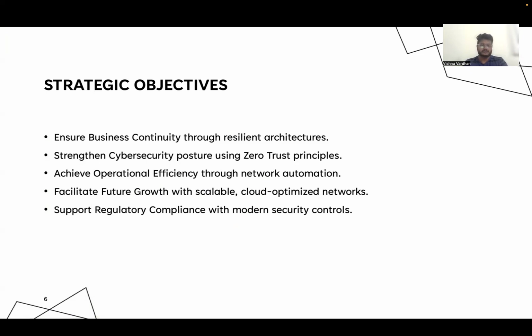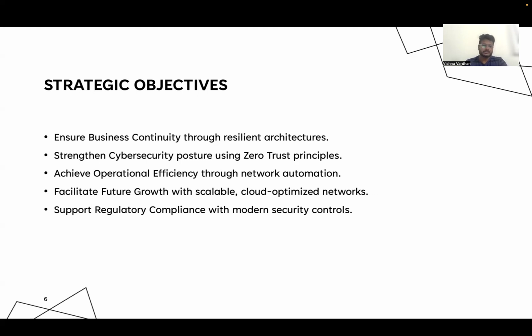It improves operational efficiency through AI-based automation and optimized traffic flow. It enables future growth by supporting technologies like IoT and 5G. It helps the organization meet compliance requirements such as GDPR, HIPAA, and CCPA through stronger control and visibility.